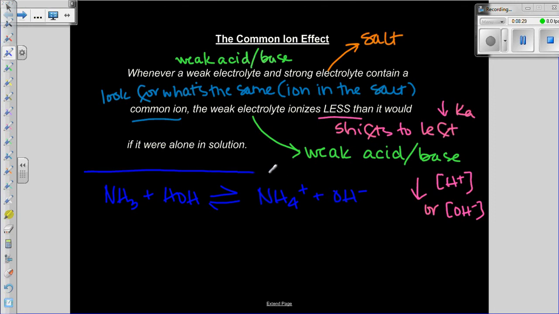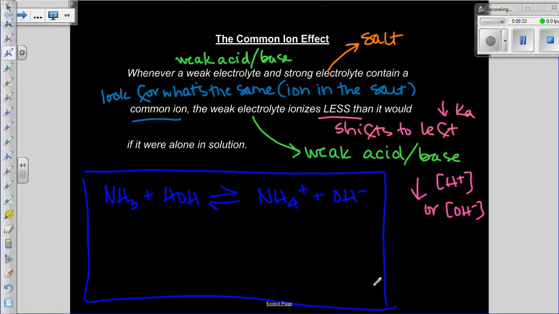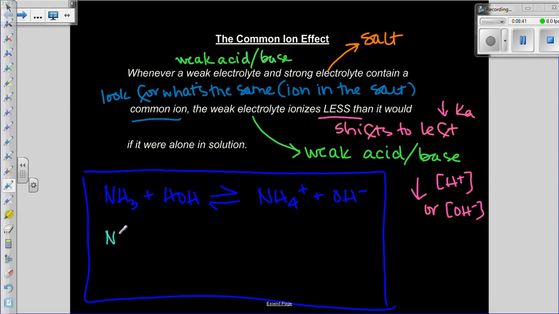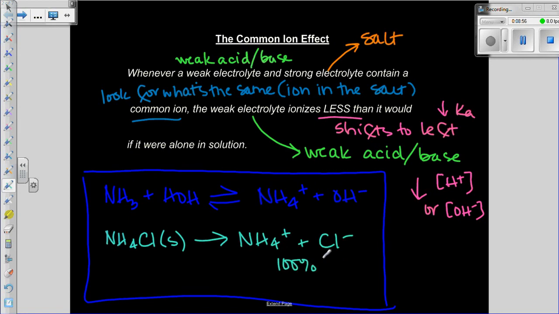And then let's say to this equilibrium we are going to add, let's do light blue, ammonium chloride. We're going to add some ammonium chloride to this, a soluble salt, so it's going to completely dissociate. So I've got 100% ions here.